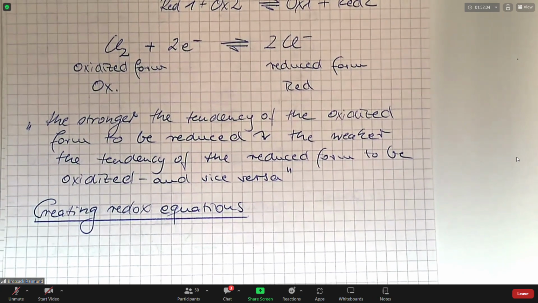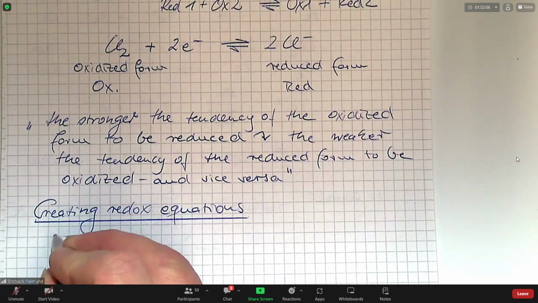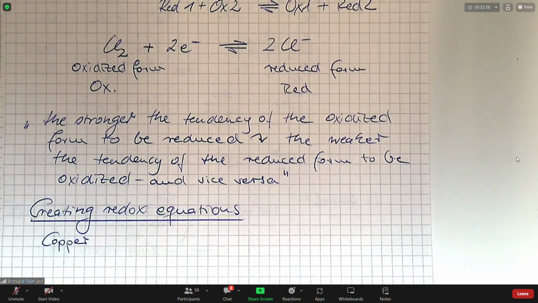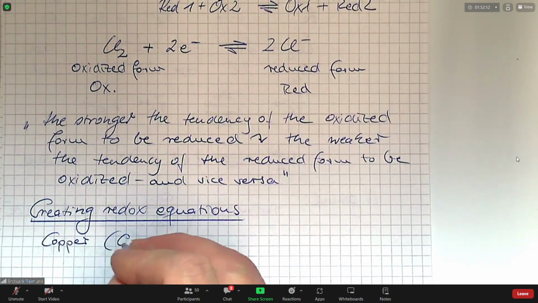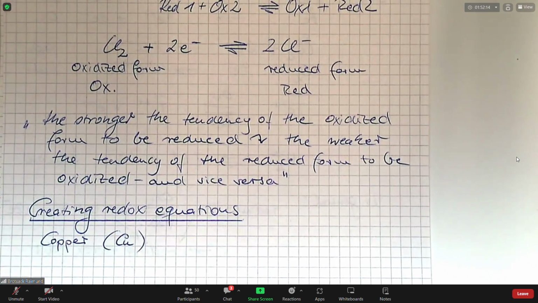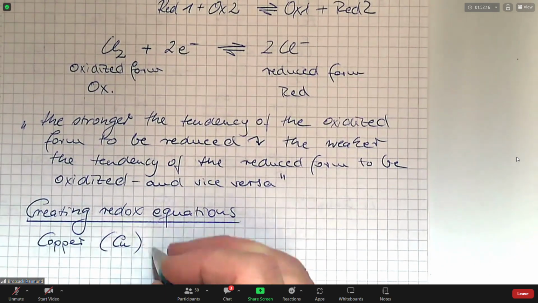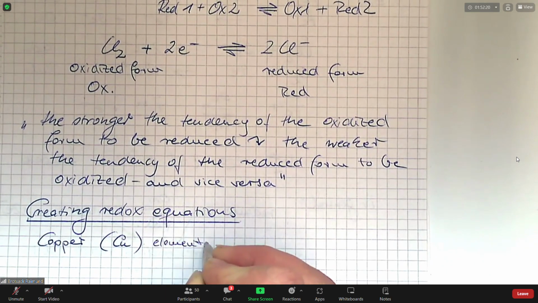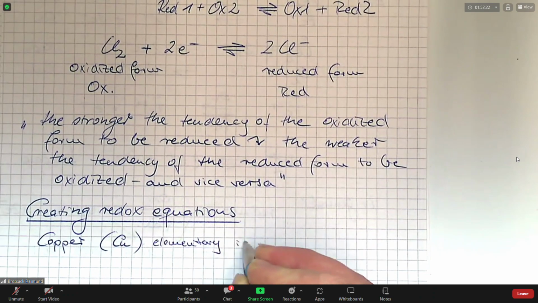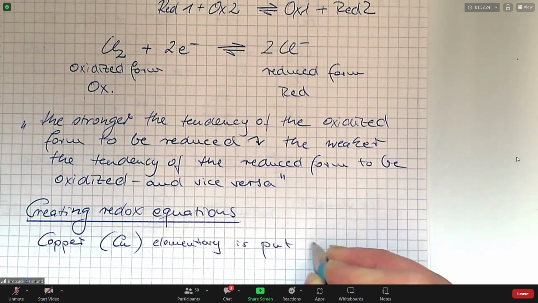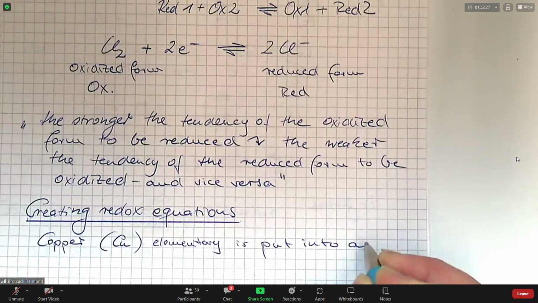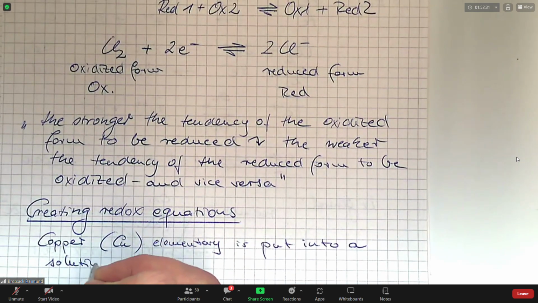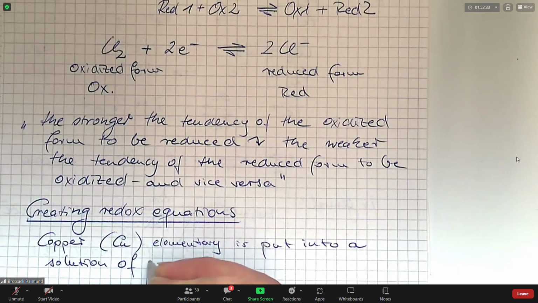We look at copper, Cu, elementary, which is put into a solution of nitric acid.